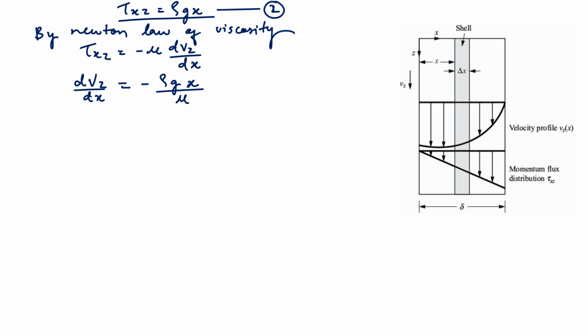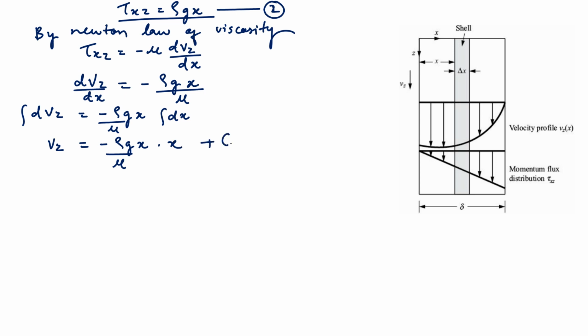On integration, dvz equals to minus rho g x upon mu into dx, I get vz equals to minus rho g x upon mu into x plus C2. Now to find this value of C2, I'll put a boundary condition.